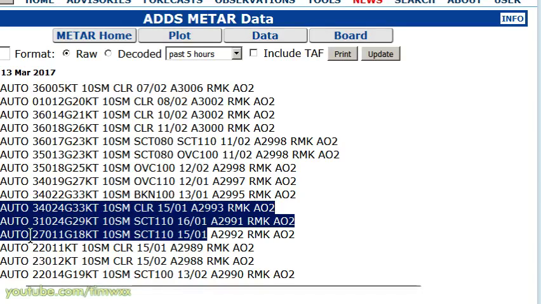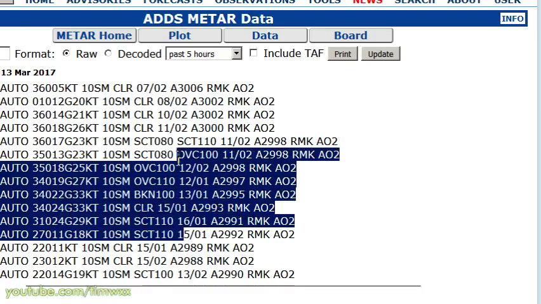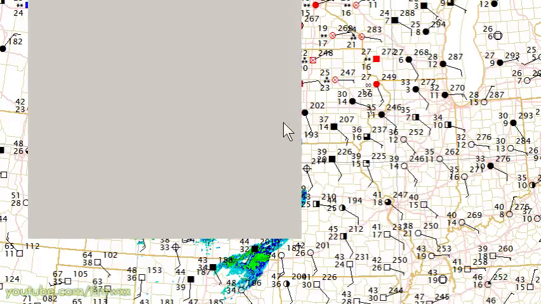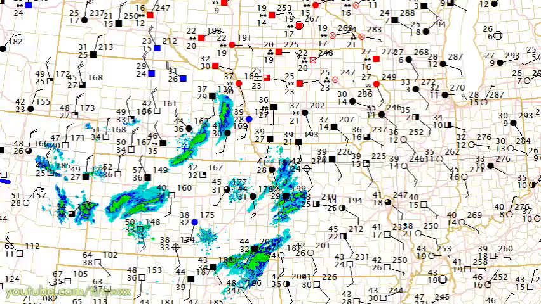With that frontal passage, we've had winds come from westerly to northwesterly, gusting to about 33 knots there, and a moderate fall in temperatures. So that's a good interface you can use to track frontal passages, especially when they're going through the mountains of the Rockies right there.